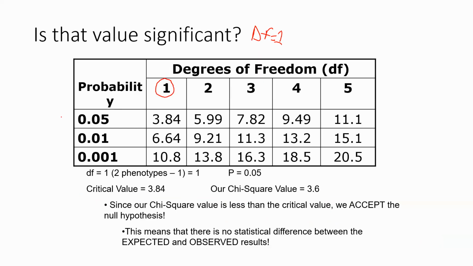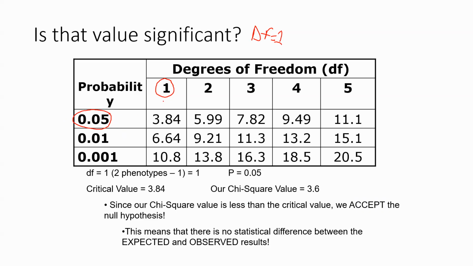We then need to know what row to look in. And the row we use is based now on the probability level. Unless you are told otherwise, always use 0.05. Let me repeat. Unless you are told otherwise, you will always use 0.05.